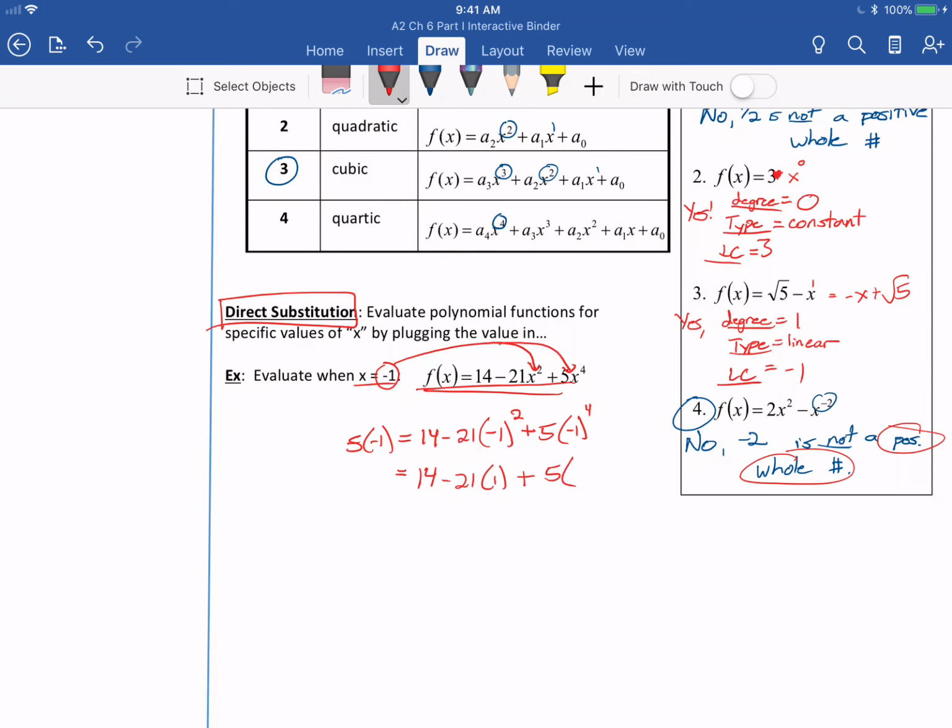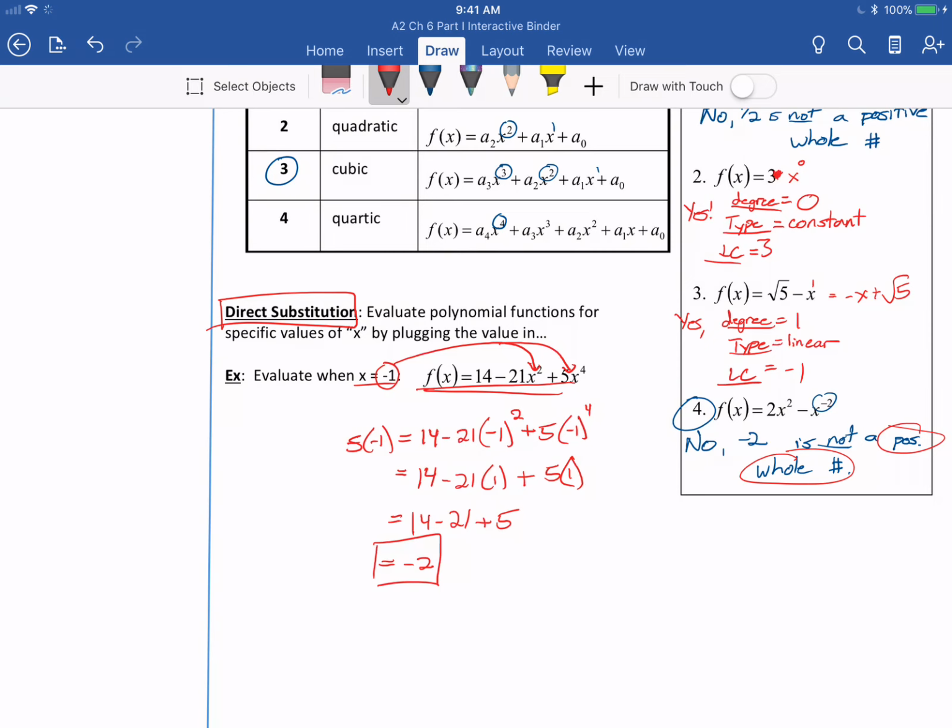Then 5 times negative 1 to the 4th power: negative 1 times negative 1 is positive 1, times negative 1 is negative 1, times another negative 1 is positive 1 again. So now this is 14 minus 21 plus 5. 14 minus 21 is negative 7, and negative 7 plus 5 is negative 2. Awesome, negative 2 for that one.